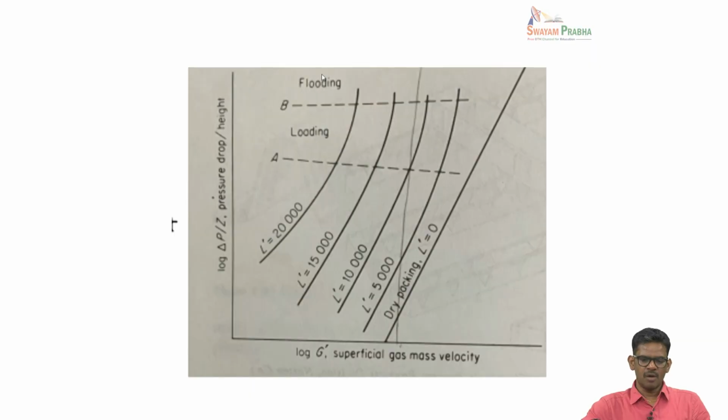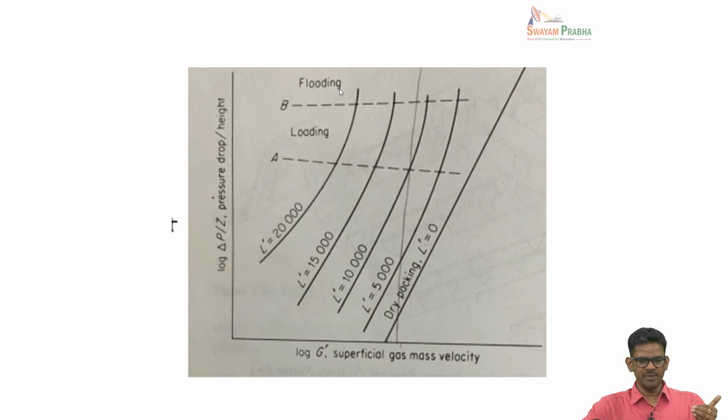This is important because in deciding the flow rates of the gas and liquid and the allowed pressure drop, we have to systematically optimize it. Generally, operating under flooding conditions is not permitted, because absorption will not happen, and it is not a safe operation either. If you operate below the line A, you are basically running the column underperforming.